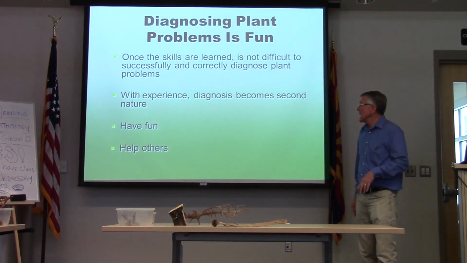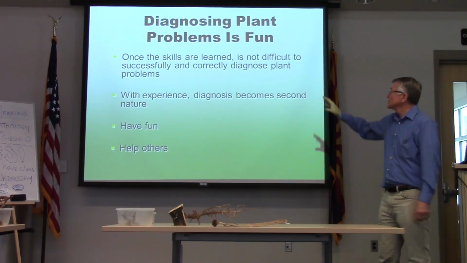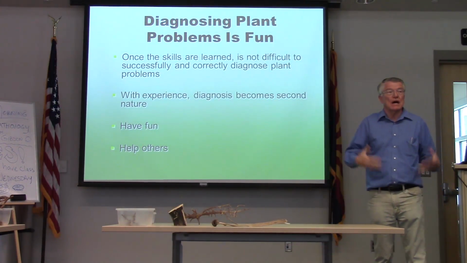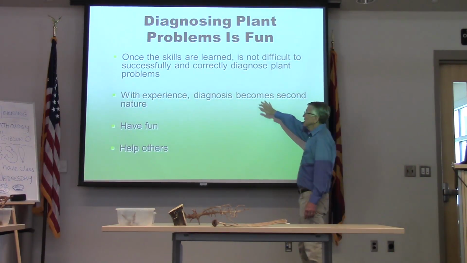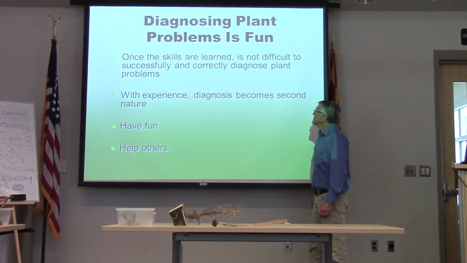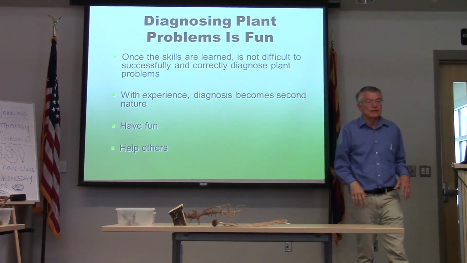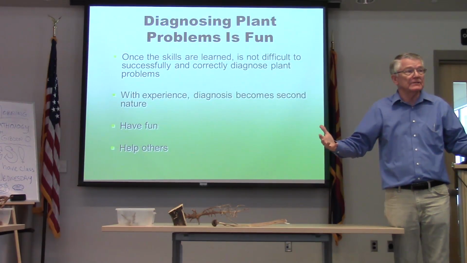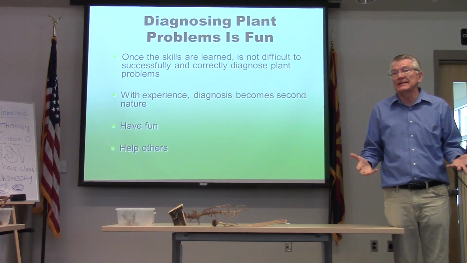So the last slide here is that as we strive to begin diagnosing plant problems and this concept of disease, it's important to understand that the skills are important to us. We need to develop these observational skills. We need to be familiar with the broad range of diseases and insects that affect gardens and landscapes in the desert.